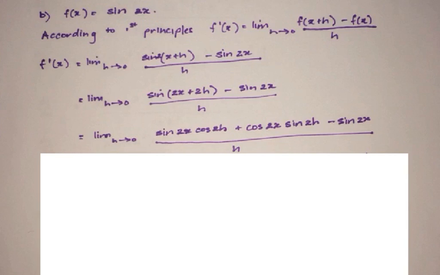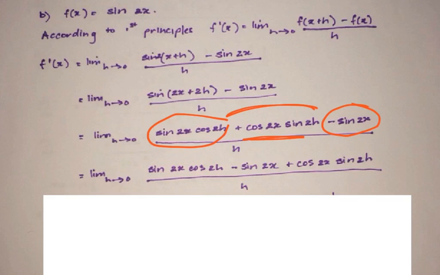So my first term and my last term both have sine of 2x in common. So I'm going to put these two terms together, and then I'm going to list this term after. So I'm just rearranging our numerator to get sine of 2x cos 2h minus sine of 2x plus cos 2x sine 2h, all divided by h.